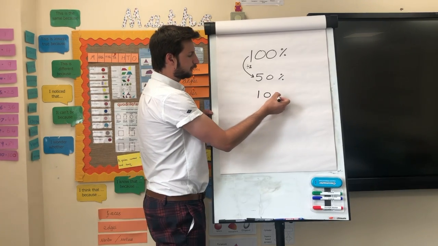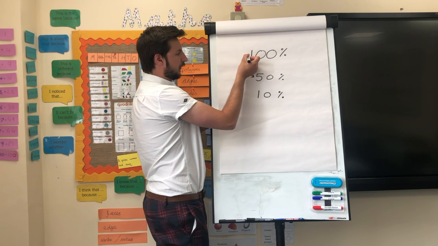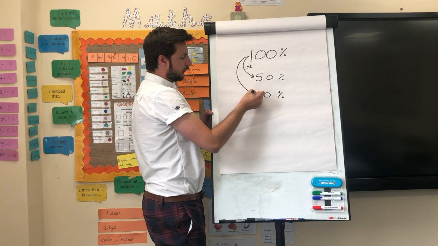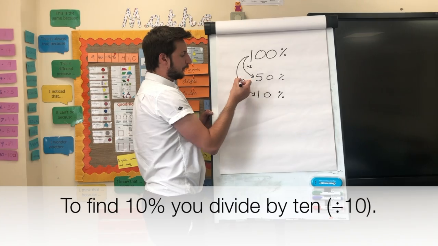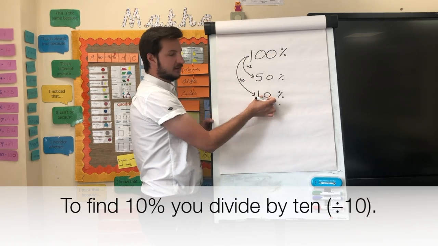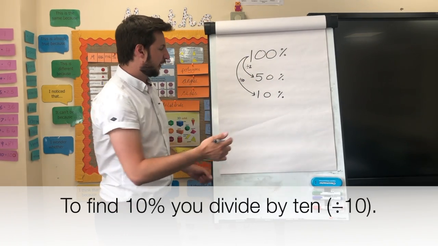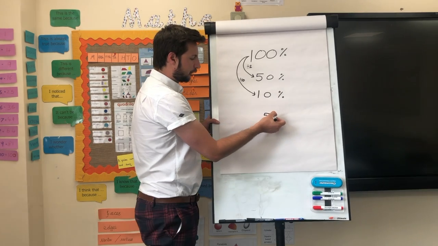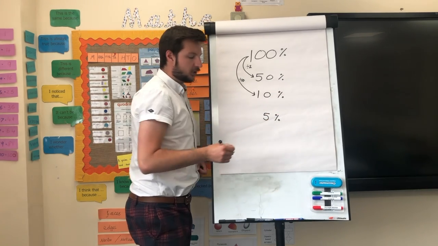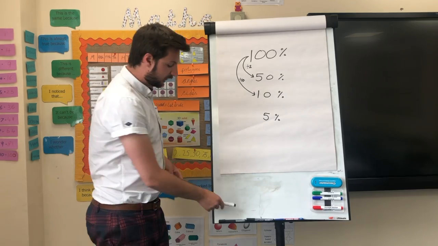10% of a number, you go from 100% to 10% by dividing by 10, because 100 divided by 10 is 10. 5%, you have two ways. And we're going to use a different colour pen just to show that.